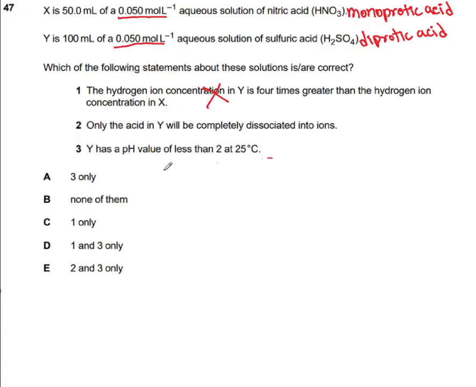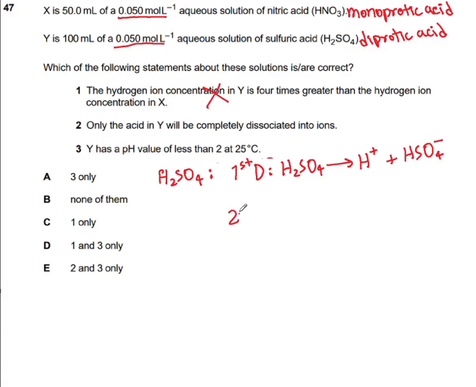So for sulfuric acid, H2SO4, for first dissociation, I'm going to use D for short form. In the first dissociation, the sulfuric acid dissociates into 1 proton and 1 ion, HSO4 minus.